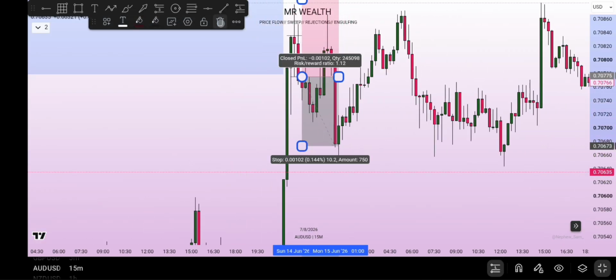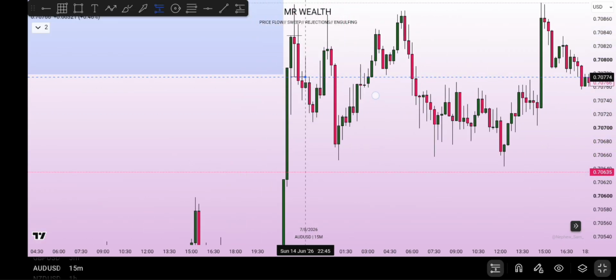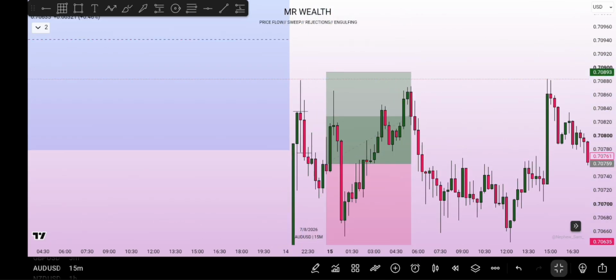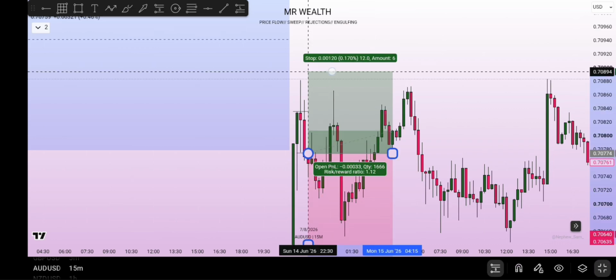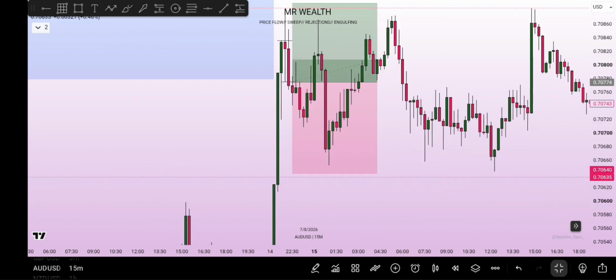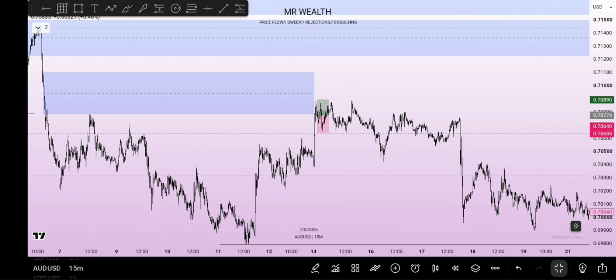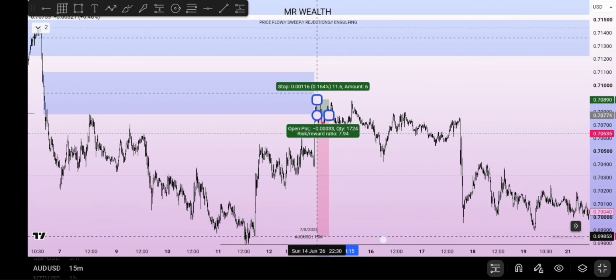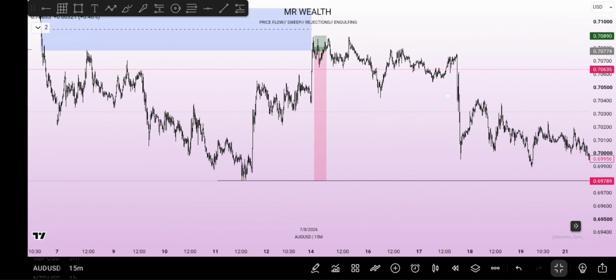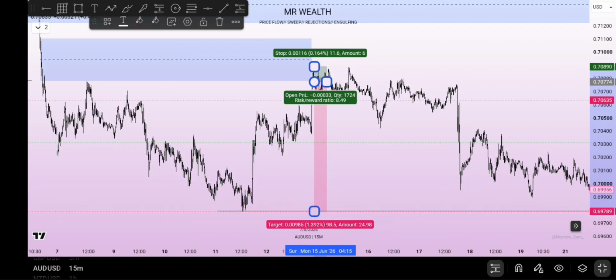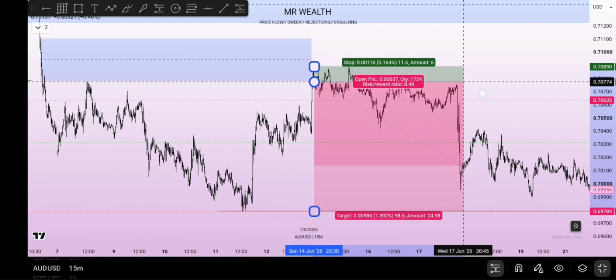Oh, the wrong one, sell, not buy. Set your stop loss slightly above it, then target this swing low. It will not take long to reach the swing low because it's just a quick setup.